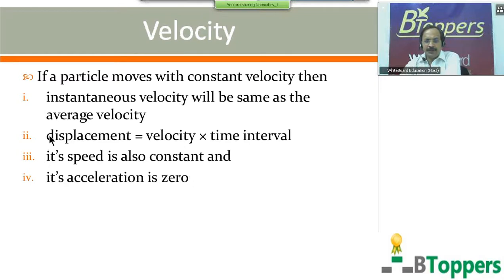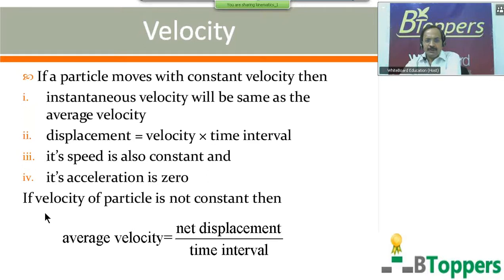That means if a particle moves with constant velocity, all these four conclusions are applicable. If the velocity of the particle is not constant, then average velocity is equal to net displacement divided by time interval.